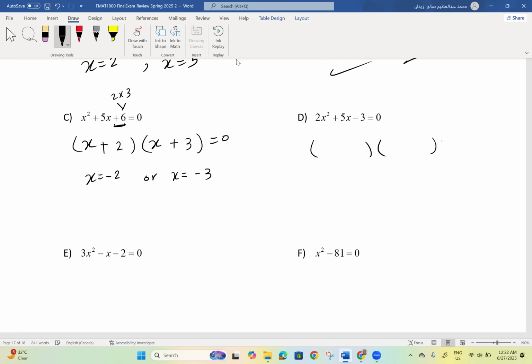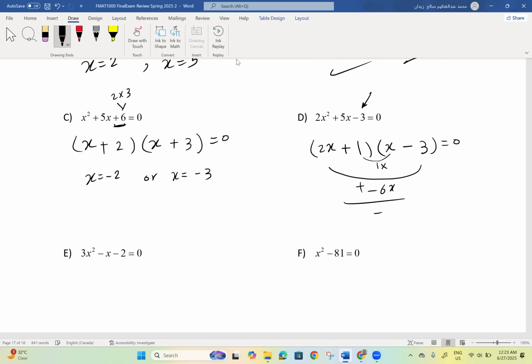And factorization: 2x squared is 2x times x. 3 is a prime number, has only one factorization, so 1 times 3. 3 is negative, so you have to make one negative, one positive, and check the middle term. 1 times x is 1x. Negative 3 times 2x is negative 6x.